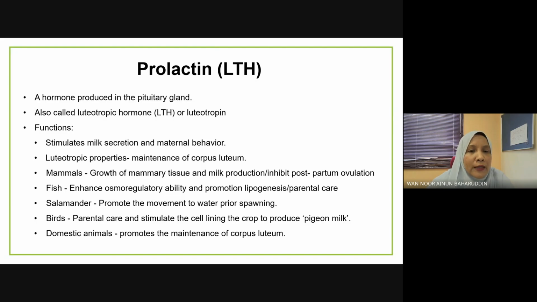For fish, it will enhance osmoregulatory ability and promotion of lipogenesis, so that parental care will be obvious rather than in other types of animal. Then we do have salamander. It will promote the movement of water prior to spawning. For birds, the parental care will stimulate the cell lining and crop to produce pigeon milk. And for domestic animals, it promotes the maintenance of the corpus luteum.